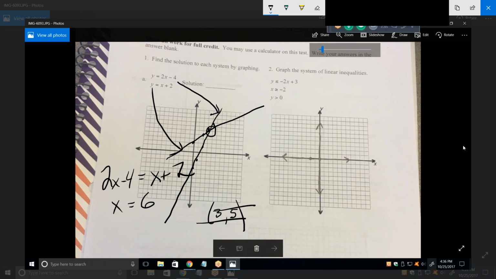And then if I plug in 6 for x there, I get y equals 8. Okay? So the true solution was about there. If I would have had a straight edge and been able to do this, that's where the 2 lines would have crossed.